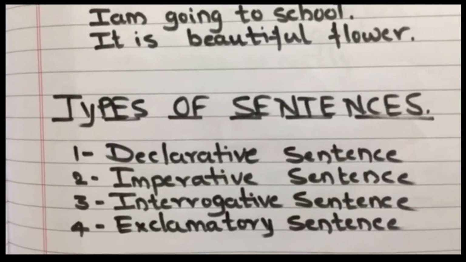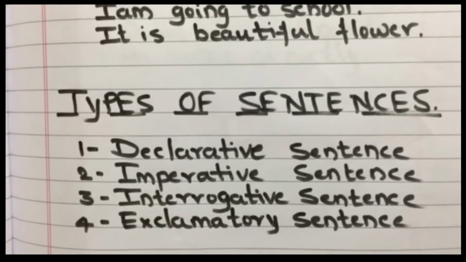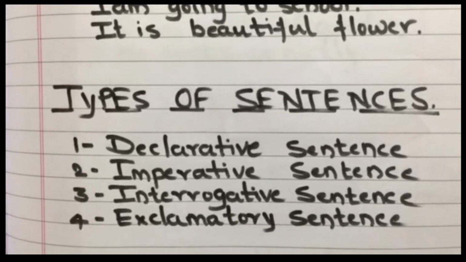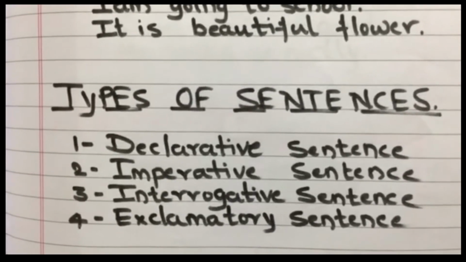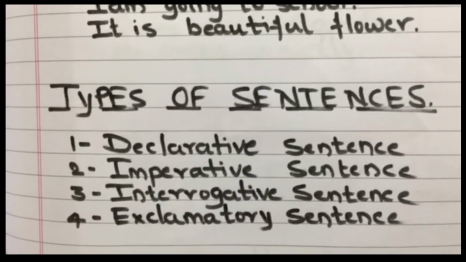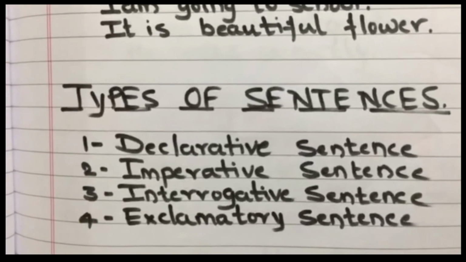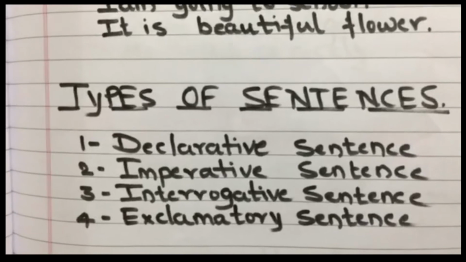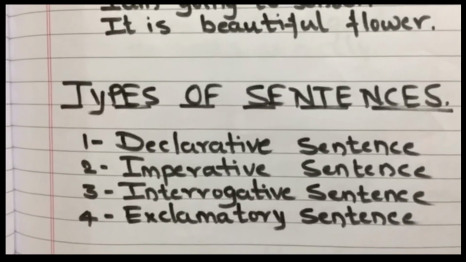Every sentence belongs to a type: some are declarative sentences, some are imperative sentences, some belong to interrogative sentences, and some belong to exclamatory sentences. Okay, now we move to the first type of sentence, the declarative sentence.